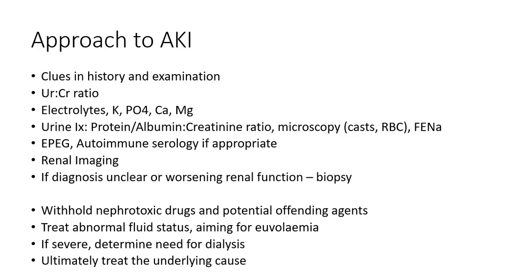And ultimately, as with most things in medicine, you have to try and identify and treat the underlying cause, whether it be fluids for a pre-renal acute kidney injury from dehydration, immunosuppressive therapy for a glomerular nephritis with an intra-renal acute kidney injury, or relieving the obstruction with a urological procedure in the case of a post-renal AKI.